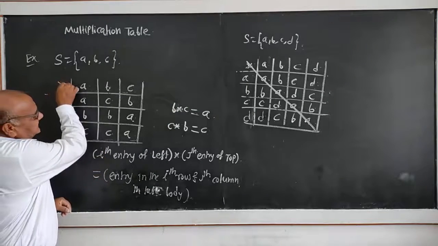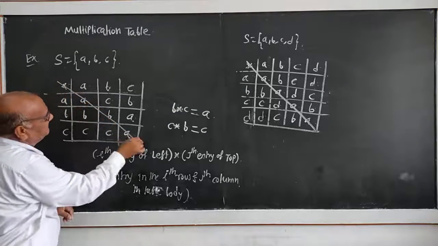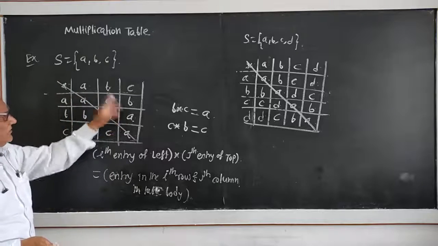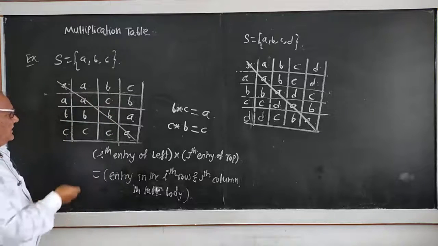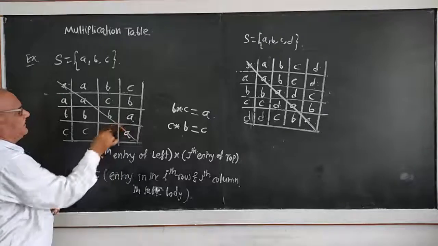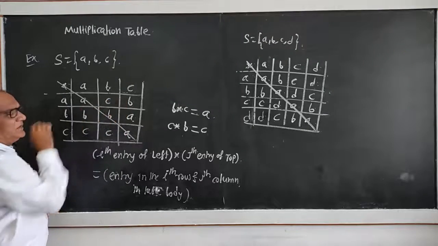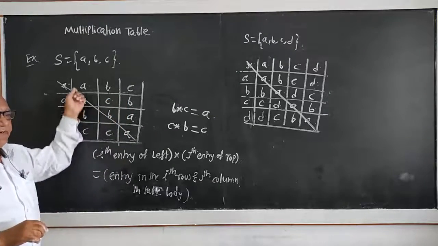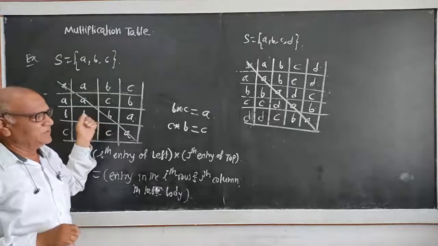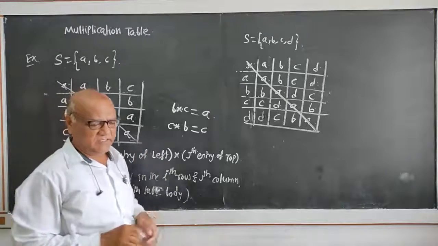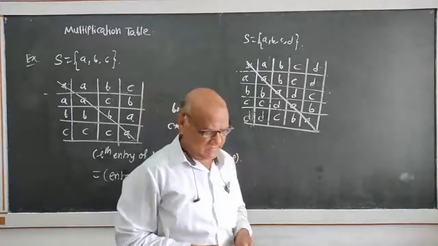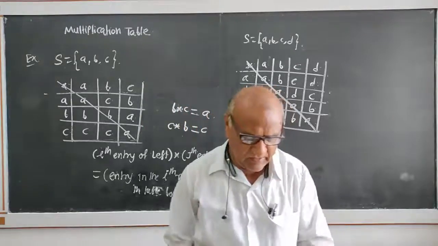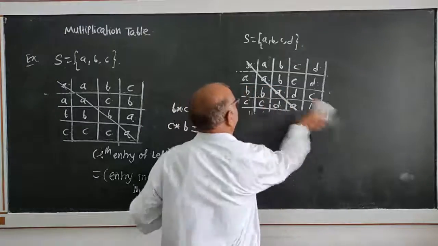Here, if you check along the main diagonal, the table is not symmetric about the main diagonal. So it is not a commutative operation.